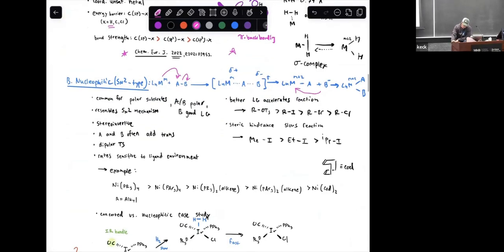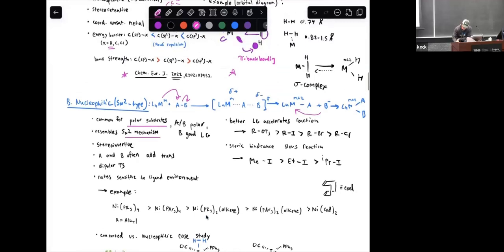Now we can consider the mechanism that's common for polar substrates where you have a good leaving group. And this is very reminiscent now of an SN2 reaction.